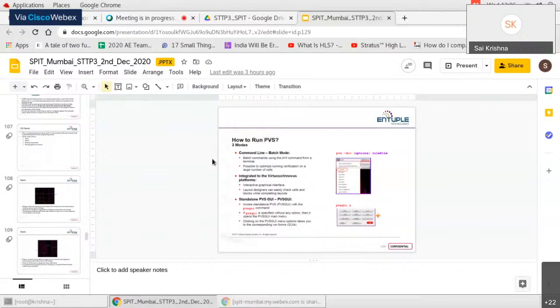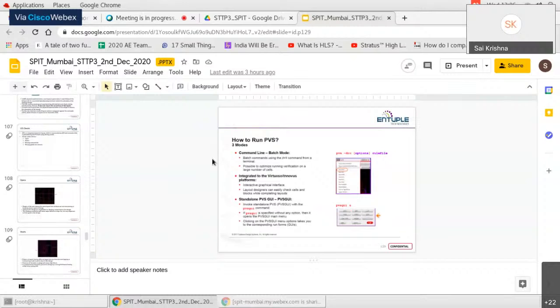Okay, so just a quick recap of whatever we covered today, just to reconstruct the complete ASIC design flow. First, you start with a specification for your chip, and then a chip architect will break it down into subblocks with a specification for each.